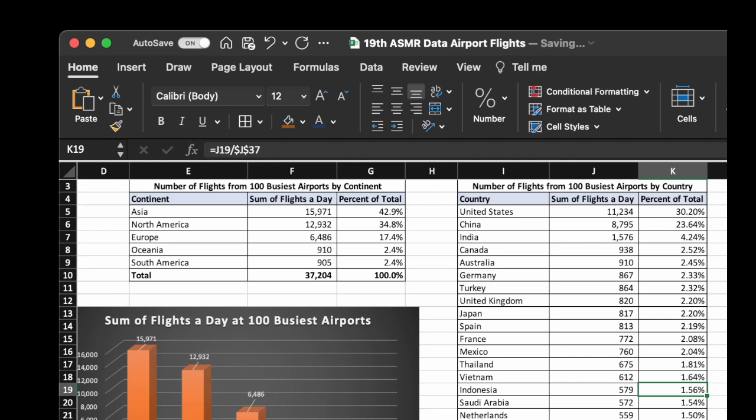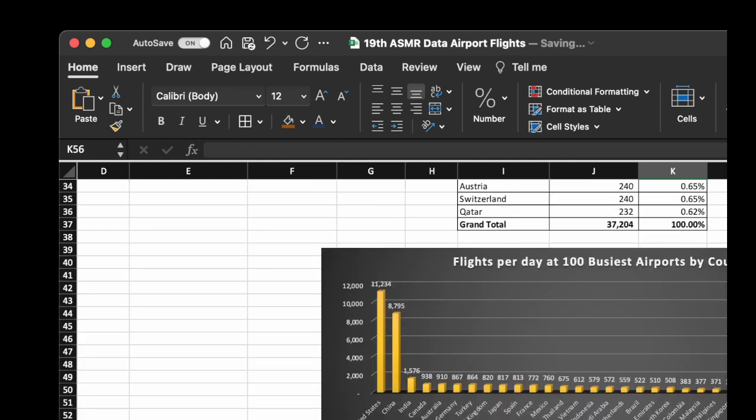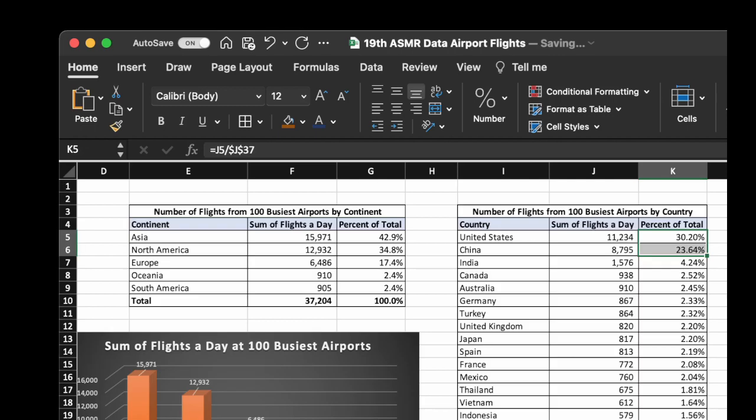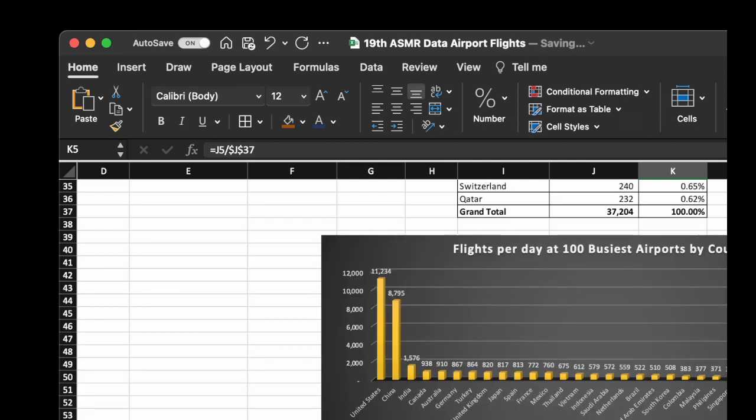So we got a chart to give you an idea. Really, you got a majority of it just between the United States and China. All the others combined are less. And that's reflected in the chart. See a huge drop off.